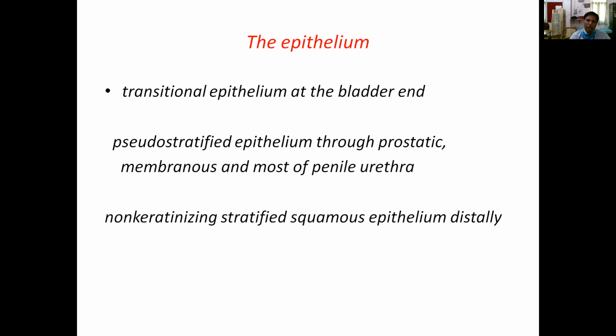So in the majority, it is lined by pseudostratified columnar epithelium. The distal part, close to the external meatus, is lined by non-keratinizing stratified squamous epithelium. So the type of epithelium will change.